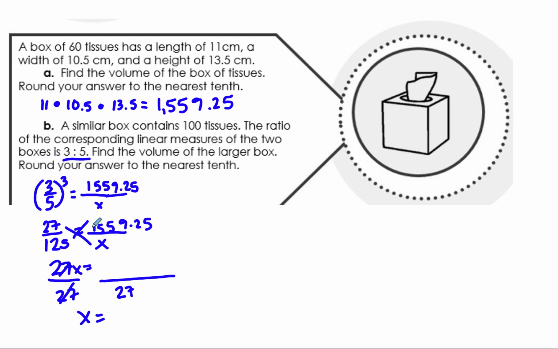All right, so let's try that again. When I do 1,559.25 times 125, I get 194,906 and 25 hundredths. Divided by 27, still big, but not nearly as big, 7,218 and 75 hundredths. To the nearest tenth, ooh, I didn't round on either one.